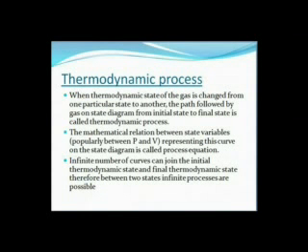The mathematical equation which represents this curve between state variables, which is commonly taken as between pressure and volume, that is P and V, that mathematical relation representing the curve on the state diagram is called the process equation. As we know, an infinite number of curves can join the initial thermodynamic state and the final thermodynamic state, so therefore there can be infinite processes between two states.